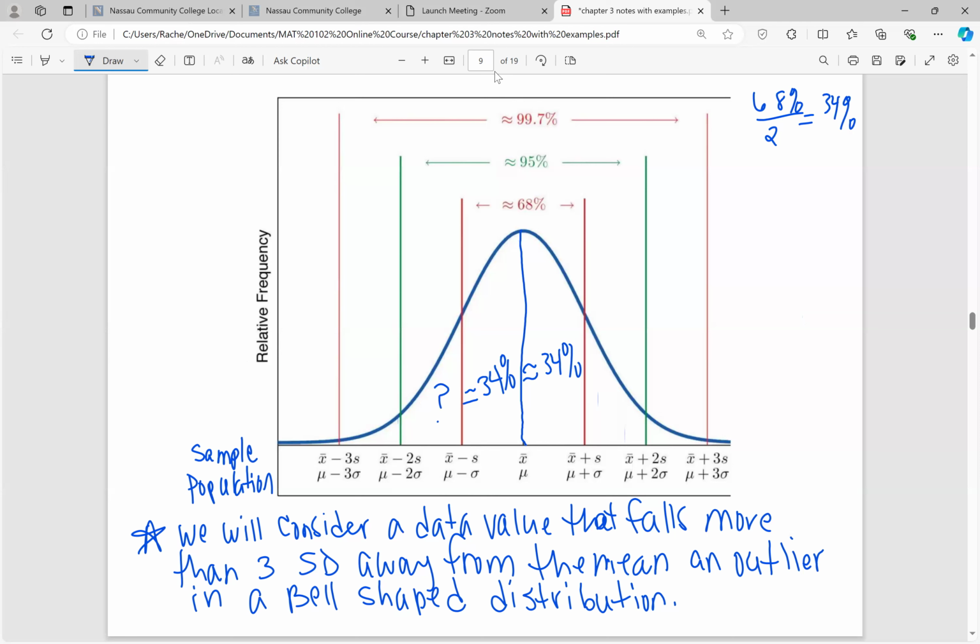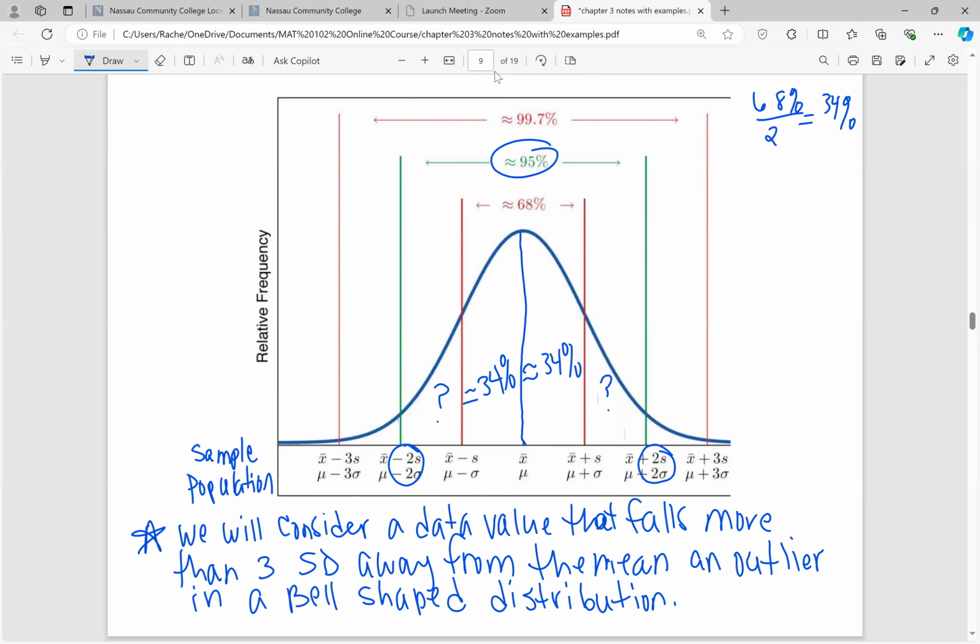Now, what if I wanted to label these 2 areas where I put the question marks? What would those be equal to? Well, I know from question mark to question mark, if I went 2 standard deviations below the mean to 2 standard deviations above the mean, that's going to be about 95%. But this middle chunk here, we already know is 68%, if I go 1 standard deviation within the mean.